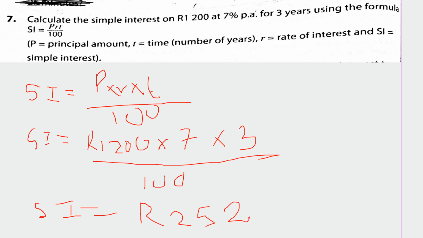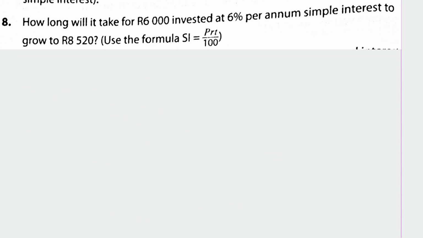Okay, so now let's look at the last question. The last question says: how long will it take for 6,000 invested at 6% per annum simple interest to grow to 8,520, using the simple interest equation?